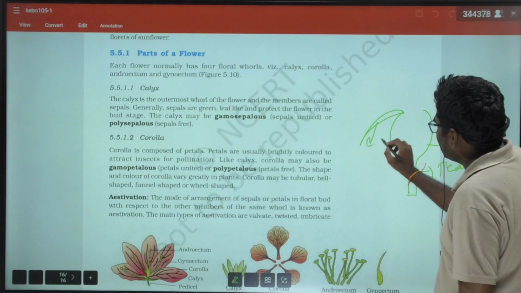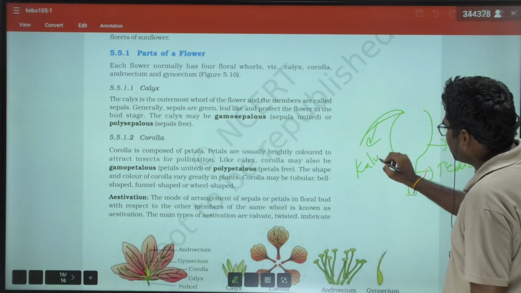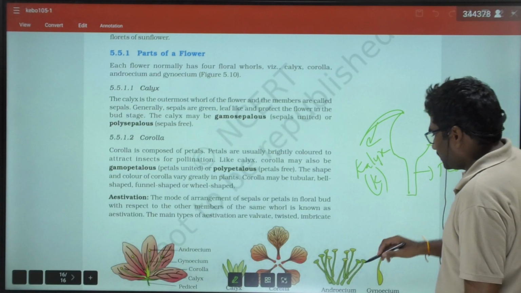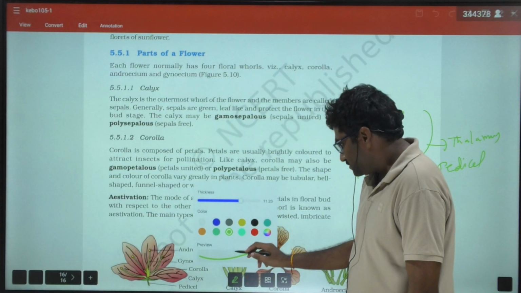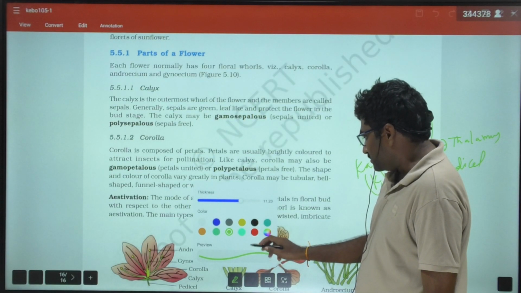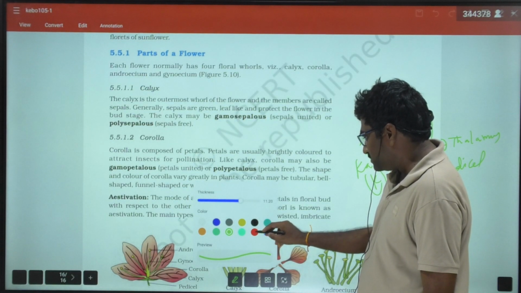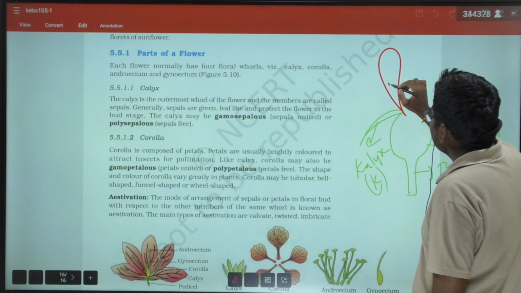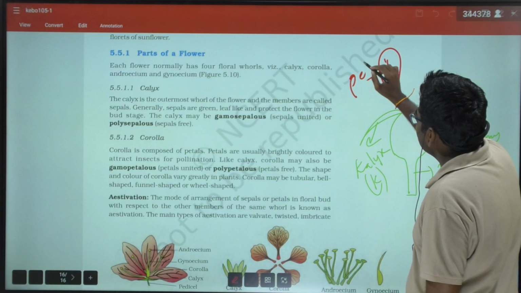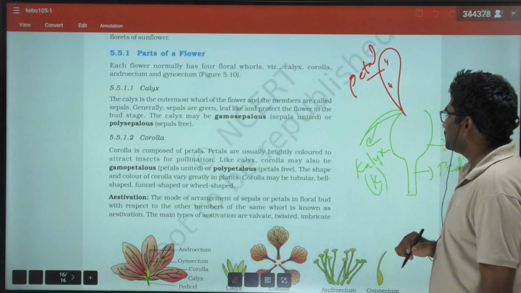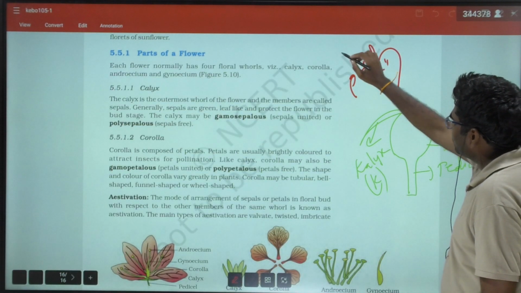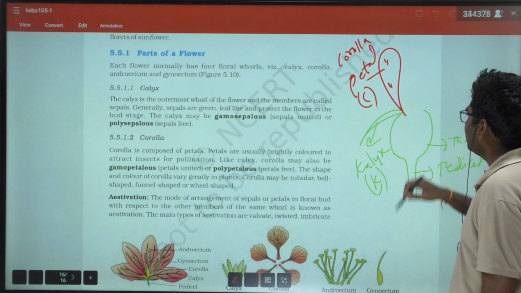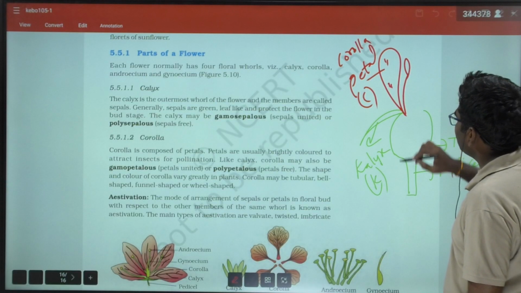The first part is the calyx, usually represented with the letter K, and the corolla varies. That means the color of the corolla varies from plant to plant. This is the corolla. The unit of the corolla is a petal, and it is usually represented with the letter C. And this is the stamen.